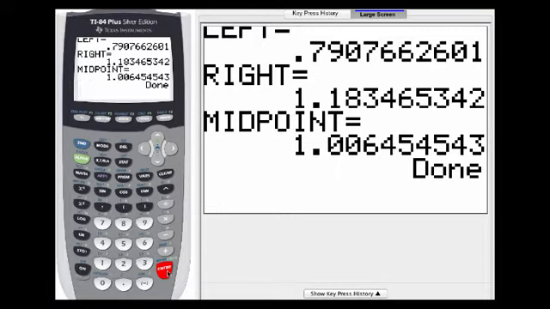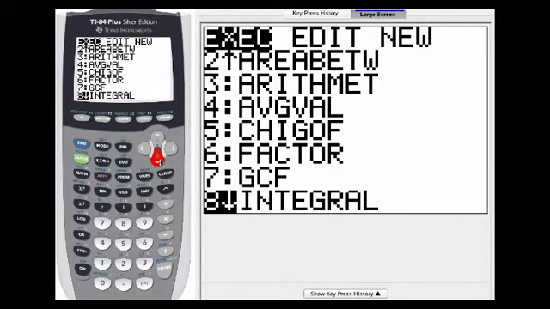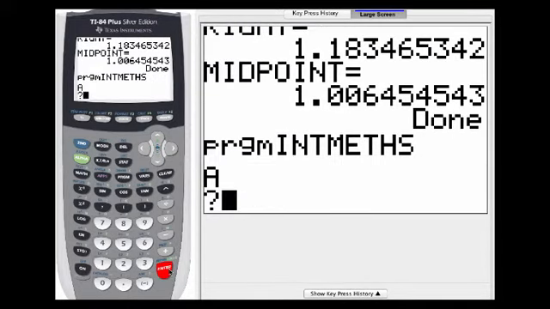All right, so as I said, the area program's really nice because it really does provide you with that nice visual. Let me show you the IntMeths program. That's for those of us who don't care what the graph looks like, we just want the answer. If you go down to the IntMeths program, there we go. All right, and you go ahead and run that.